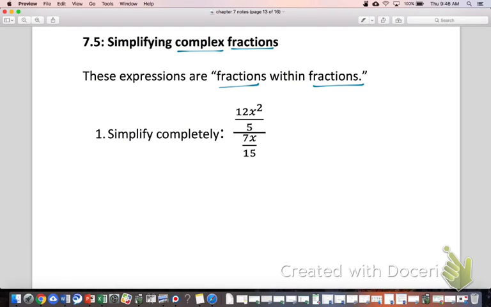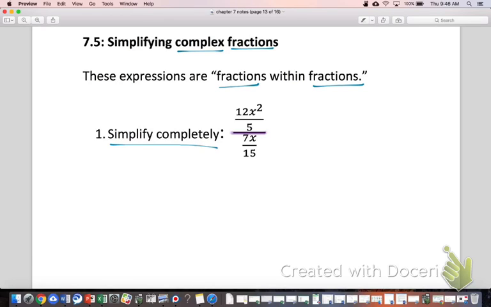It says simplify completely. And with this, you can see that there's pretty clearly a fraction within a fraction. Let me just finish my explanation real quick. Would it be fair to say that, I'm going to highlight this in purple, that's the main fraction bar? The main fraction bar is right there.